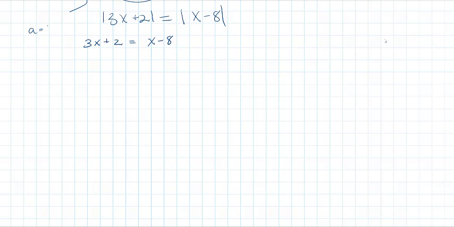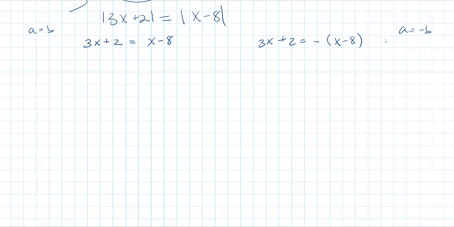This is the case A equals B. Or we can have the case 3x plus 2 equals negative, x minus 8. This is the case A equals negative B. So these are the two cases that we solve. We solve both of them to find all the possible solutions for this equation.